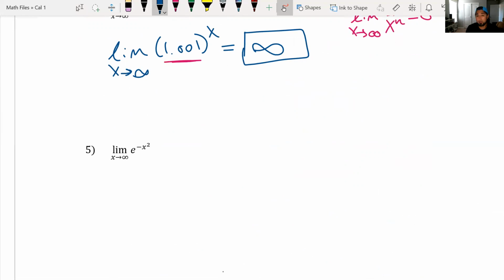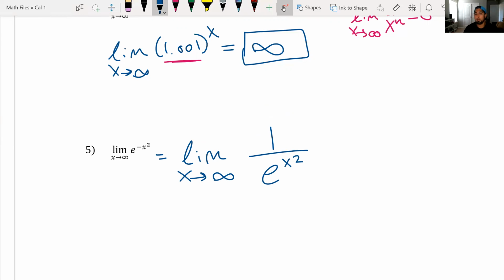5 is just like one of the first examples we did. The limit as x approaches infinity of e to the negative x squared. Let's go ahead and use exponential properties to rewrite this, meaning we'll get the limit as x approaches infinity of 1 over e to the x squared.